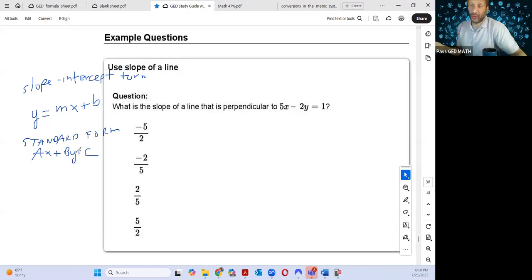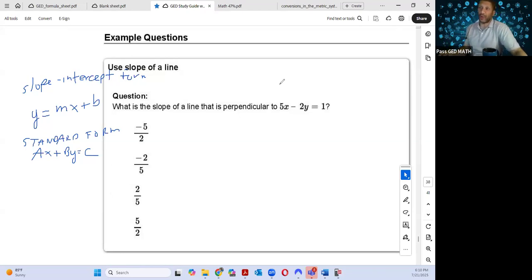You can have the same line written in two different forms, just like you can have a dollar in many different ways: a $1 bill, 4 quarters, 20 nickels, 10 dimes, 100 pennies. It is the same linear equation written in a different form.